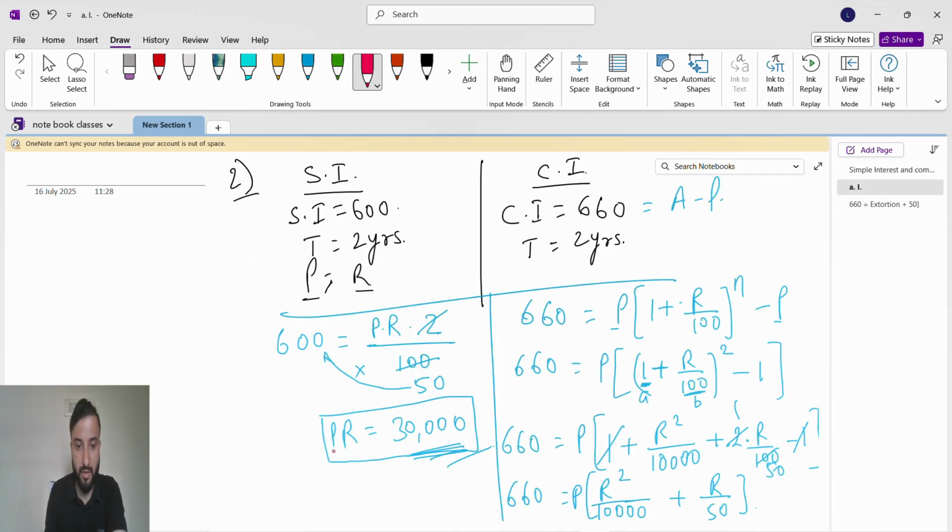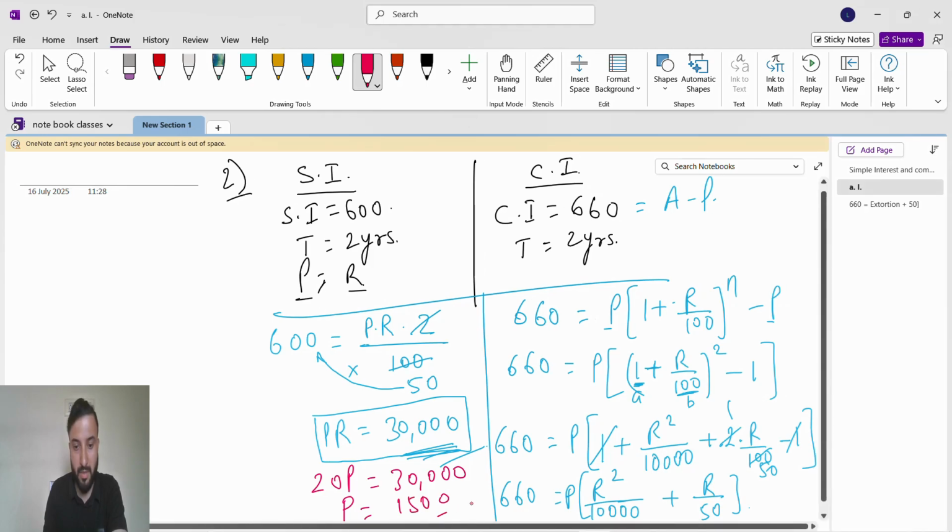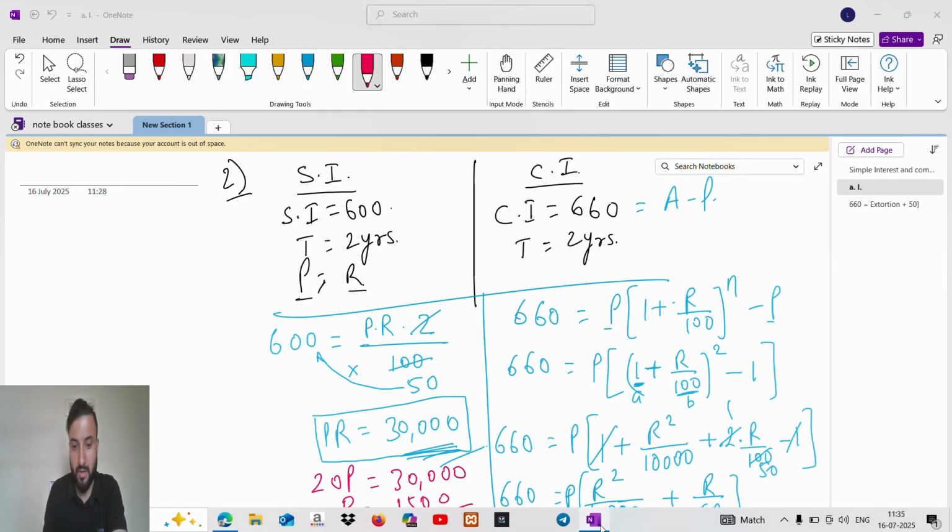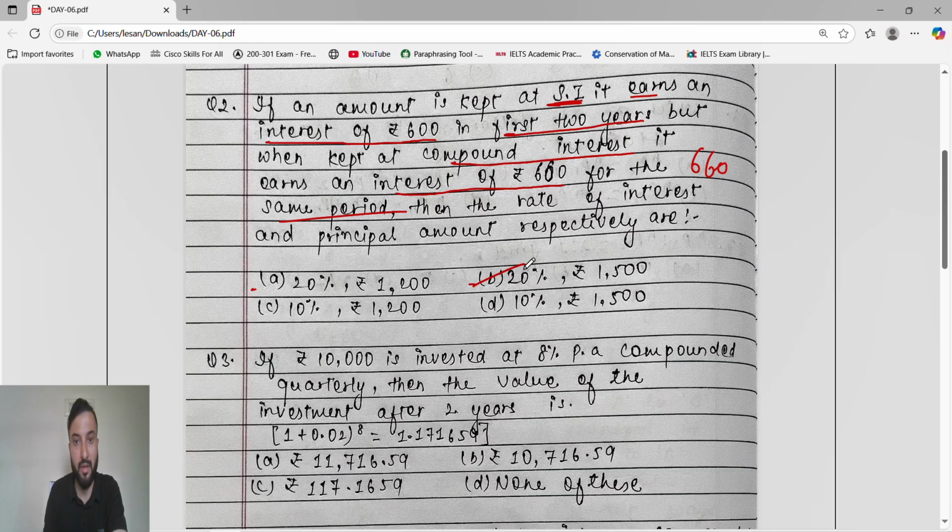So we substitute: 20 into P equals 30,000. So P is 30,000 divided by 20, which is 1500. So P is 1500 and R is 20%. This is the answer.